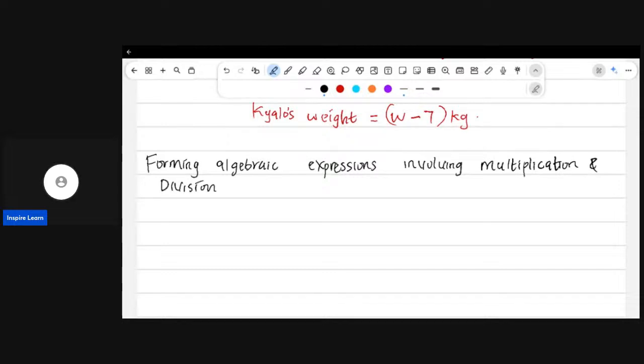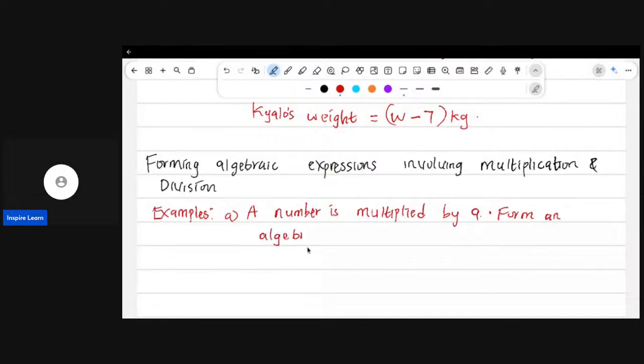Let's have examples. You're told, just as simply as that, a number is multiplied by 9; form an algebraic expression for this.